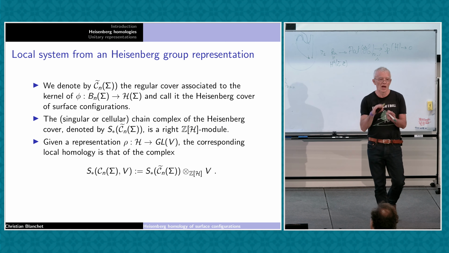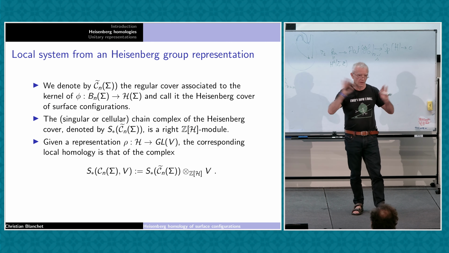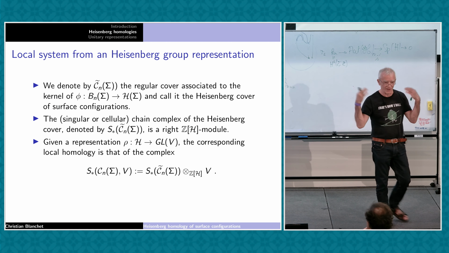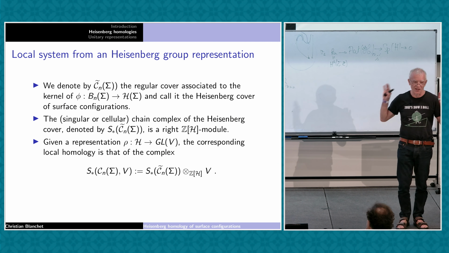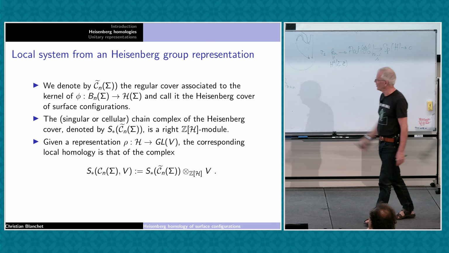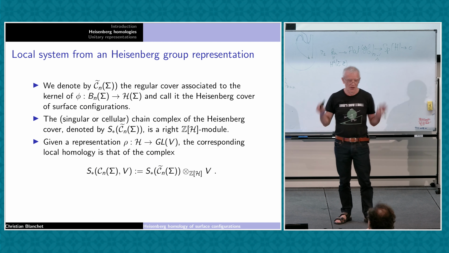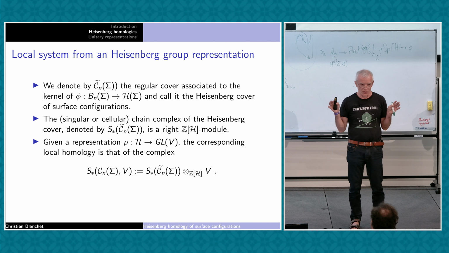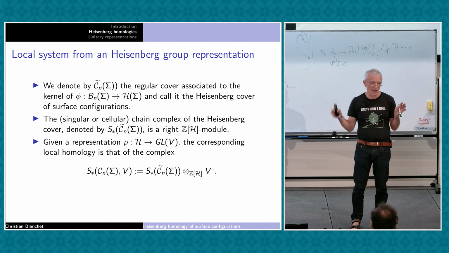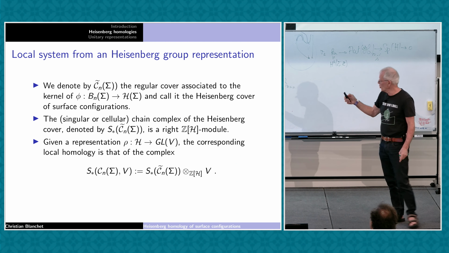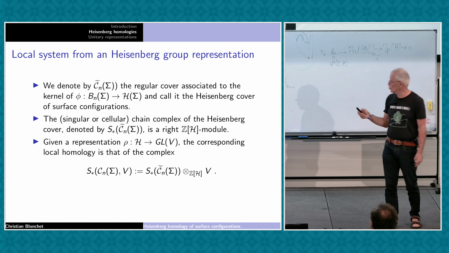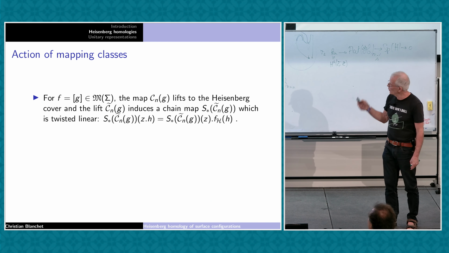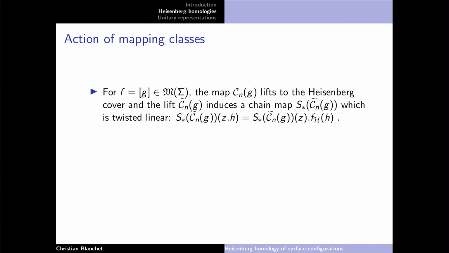But if you have another model from flat connection or something, this is the same. As a topologist, I like this model. So you take your favorite complex for the configuration, and you tensor product with the representation. So we have a homology theory. So the question is to compute, but we will first talk about the action of mapping classes.